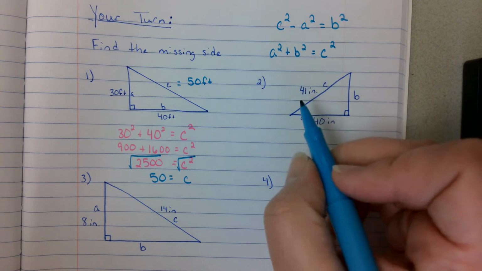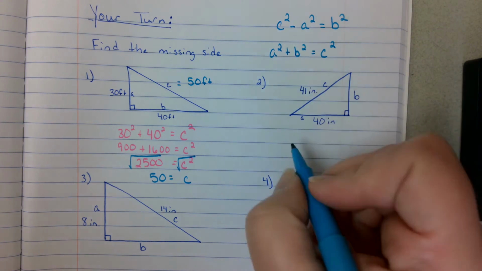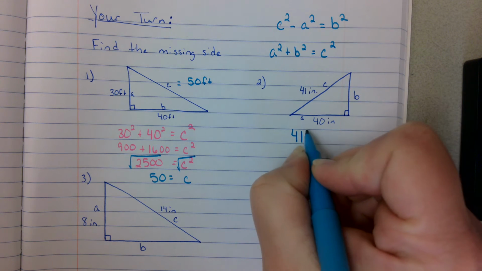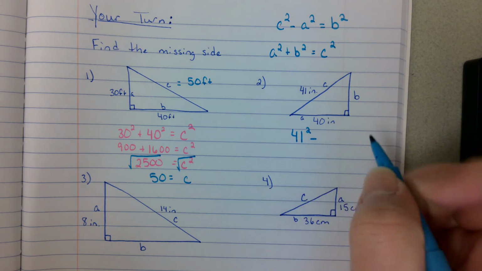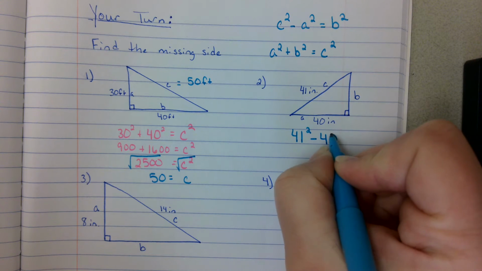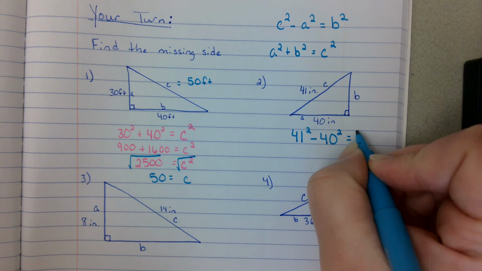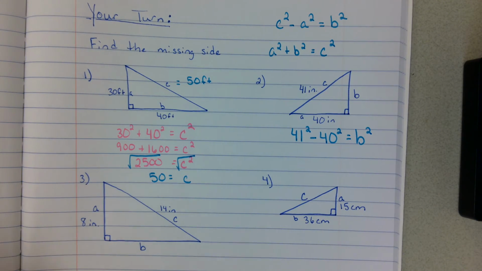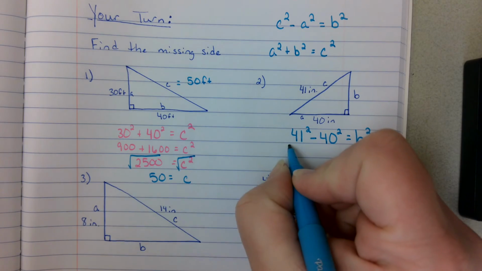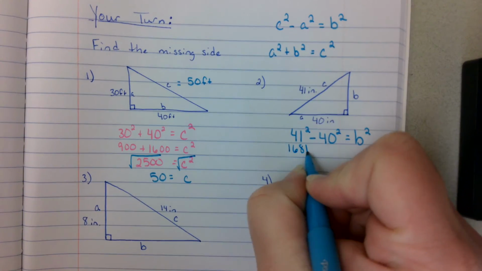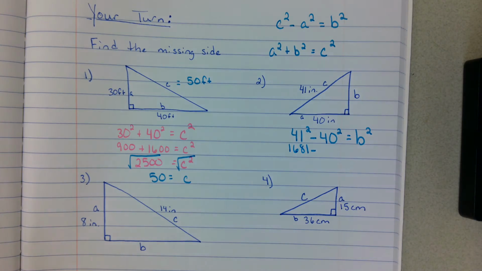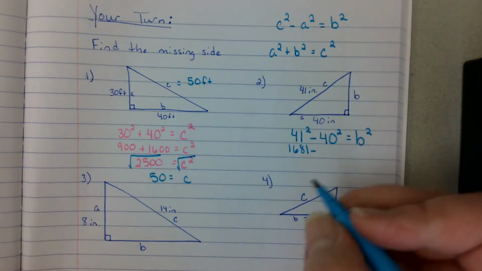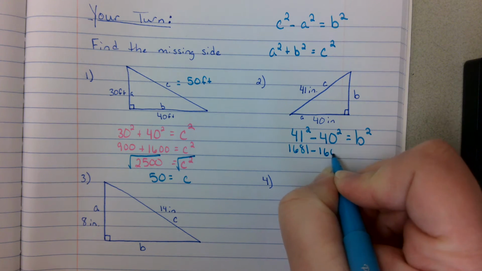So c squared, 41 squared, minus 40 squared is equal to our unknown b squared. 41 squared is 1,681 minus 40 squared is equal to 1,600.